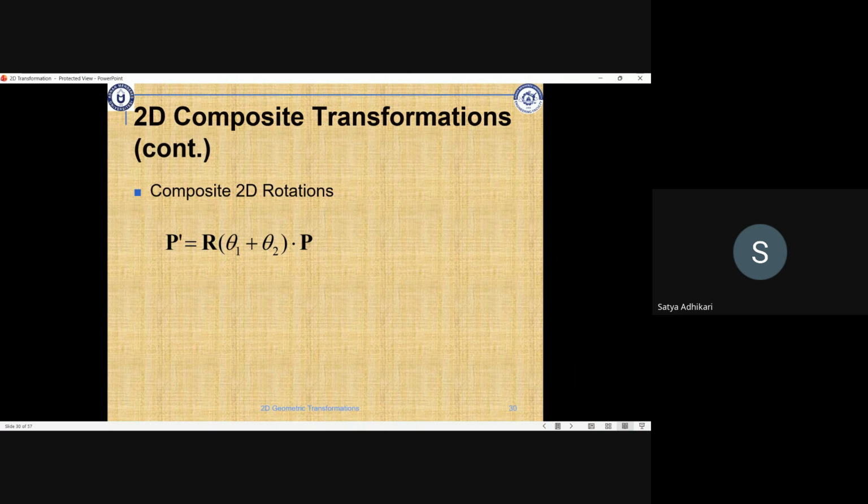You only add the thetas and then rotate. This is the benefit of representing the rotation matrix in homogeneous coordinates. Otherwise, it will be difficult to perform composite 2D rotation, translation or scaling.